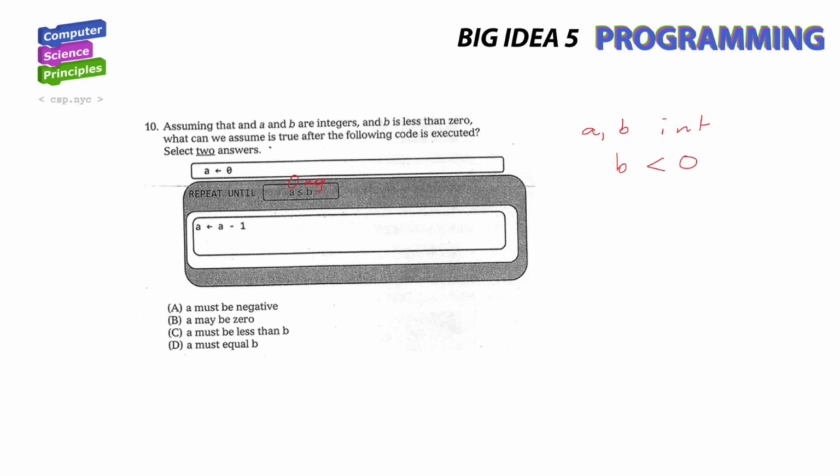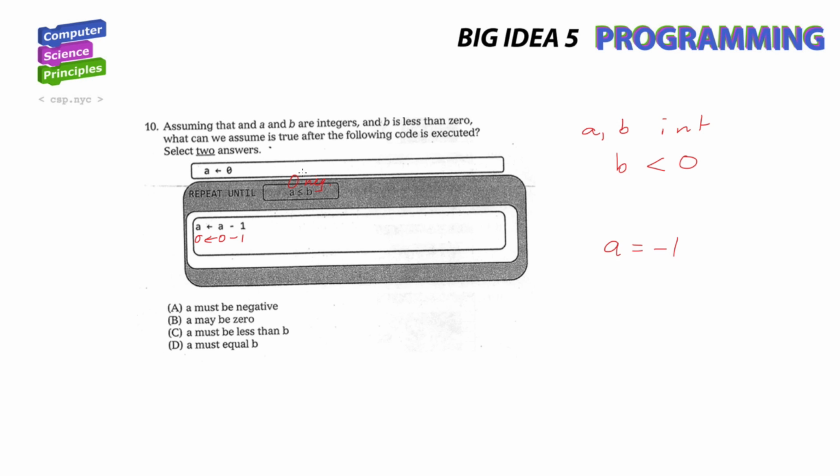So at the very start it says repeat until this is true. Well, a is given a value of 0, and 0 is not less than or equal to a negative number, so this script runs. So at first a is 0, but then it's given the value of 0 minus 1. So that means that a takes on a new value of negative 1.